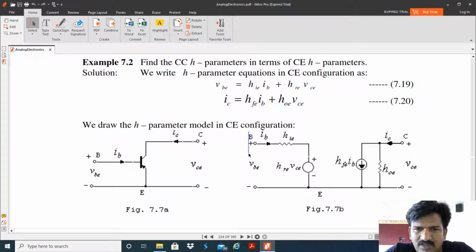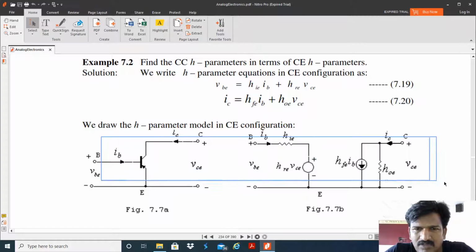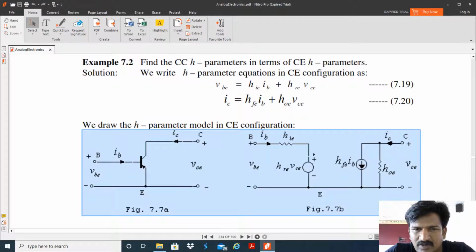We know the CE h parameter model. We have to convert it into the CC h parameter model and derive the h parameter equations for the CC configuration in terms of CE h parameters.